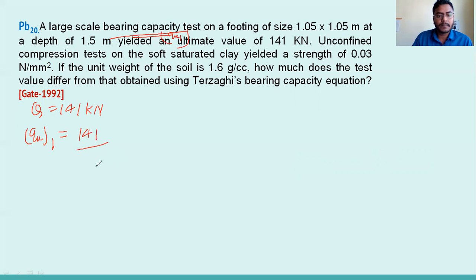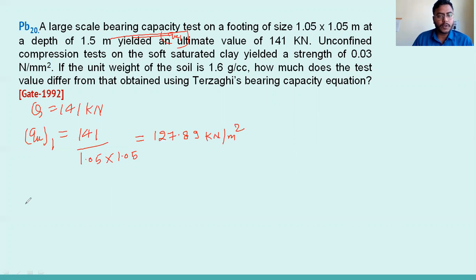What is the area? The area is 1.05 into 1.05, and this we get as 127.89 kilonewton per meter square. So we got qu1.